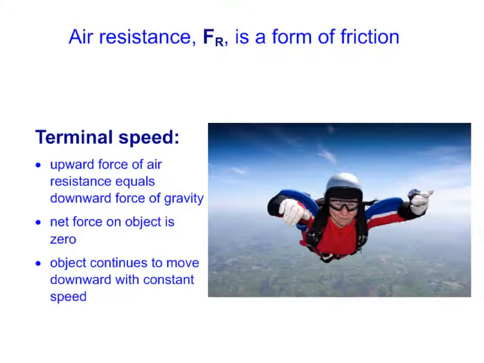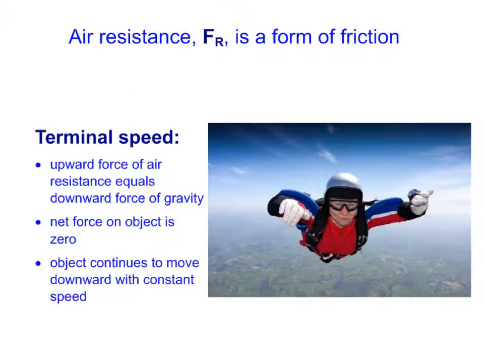When we look at the example of an object falling through the air, like this skydiver here, as that free-falling object accelerates, its velocity will be increasing. And obviously, as the velocity increases, the air resistance also will be continuing to increase.